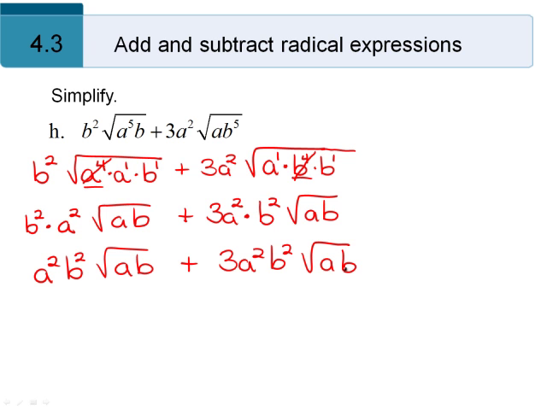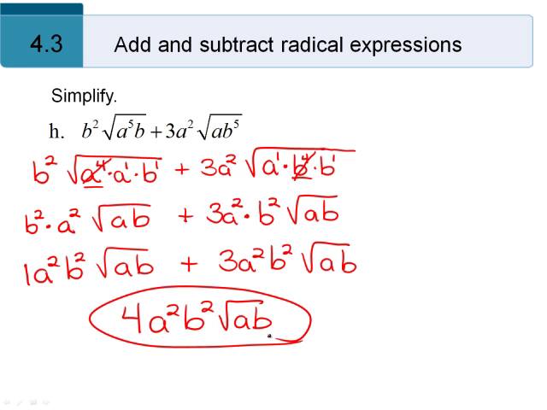So now we have like radicals, the square root of ab. We also have like terms outside, a squared b squared. Remember, the coefficient on this first term is a 1. So 1 plus 3 is going to give me 4a squared b squared, and the square root of ab. And that is your answer.